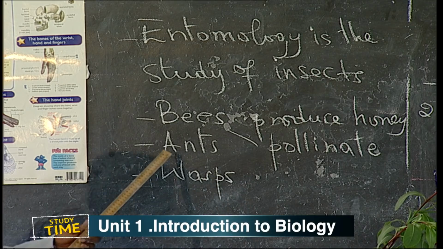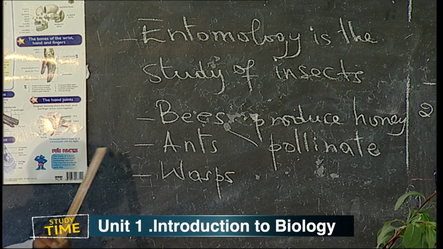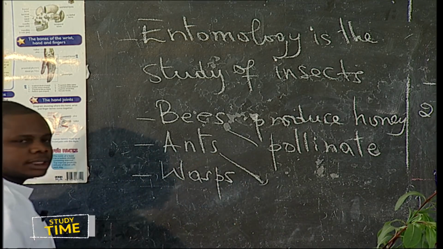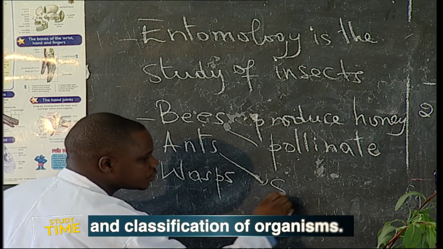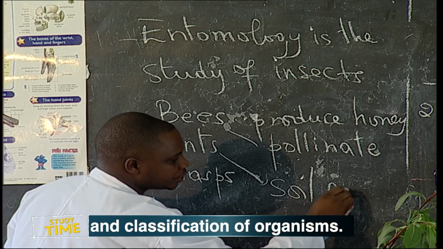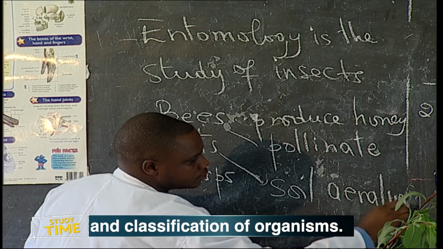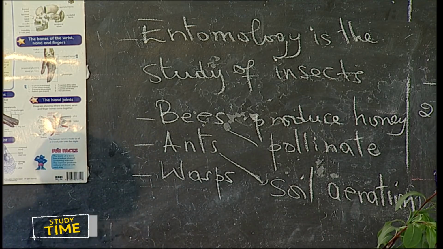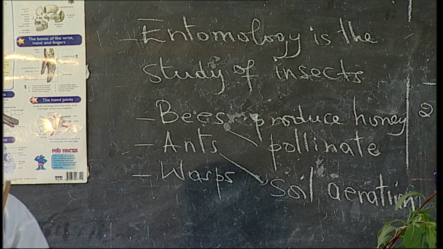Then how are ants important? Ants are important because they cause soil aeration. That means they can make the soil breathe.